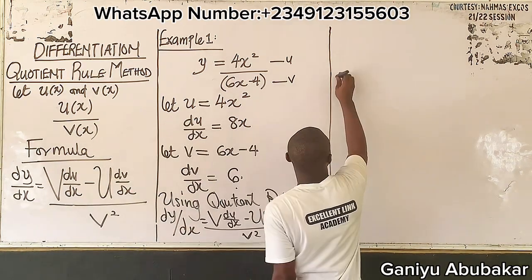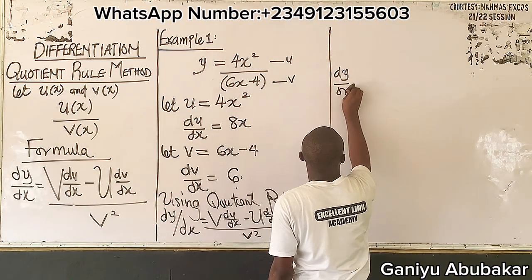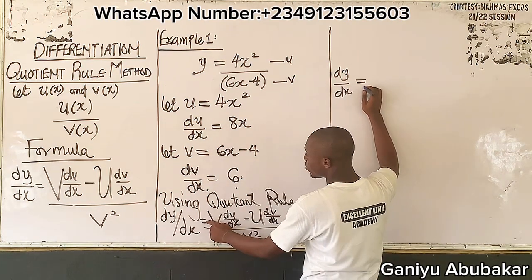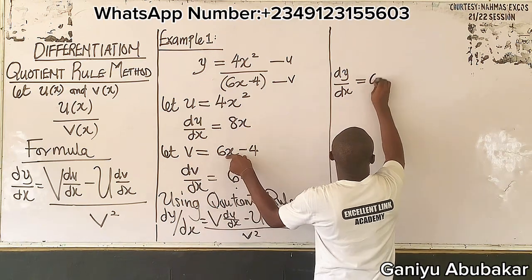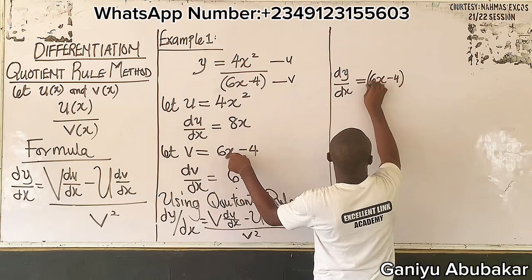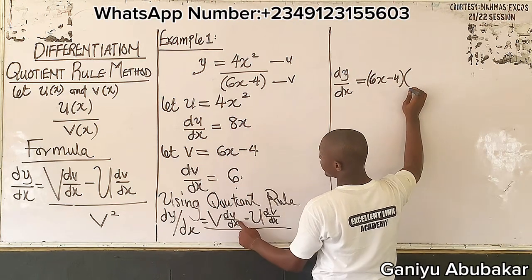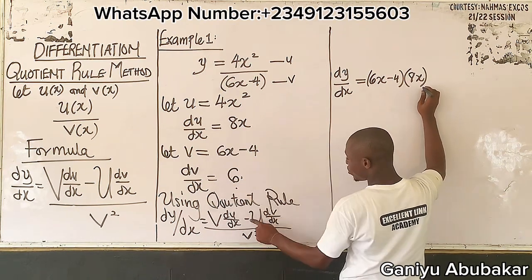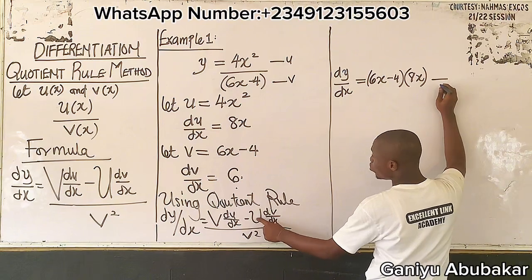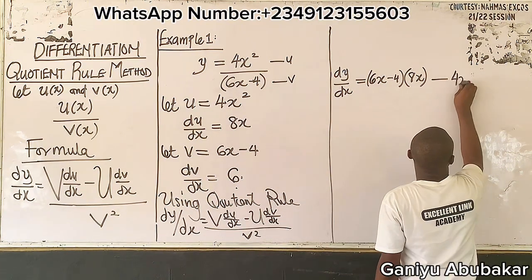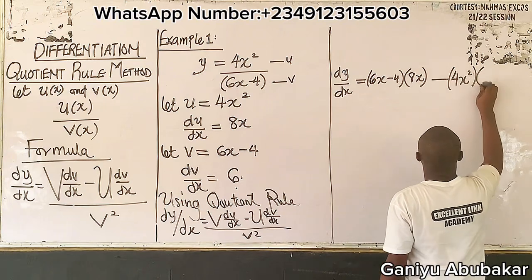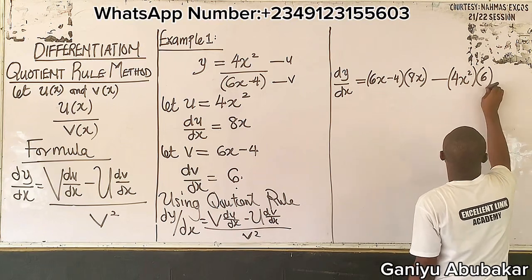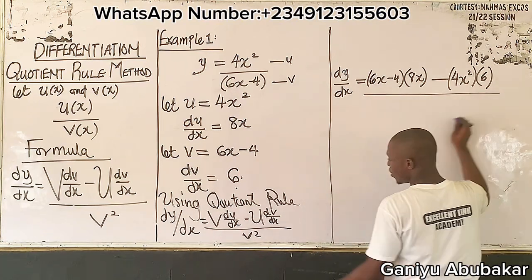From here, I'll have that dy over dx is equal to v, which is 6x minus 4, into du over dx, which is 8x, minus u, which is just 4x squared, into dv over dx, which is just 6, all over v squared.